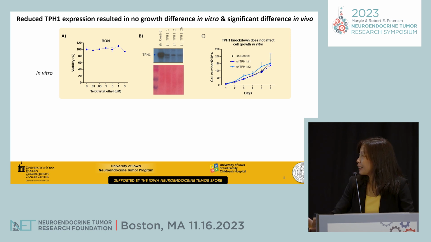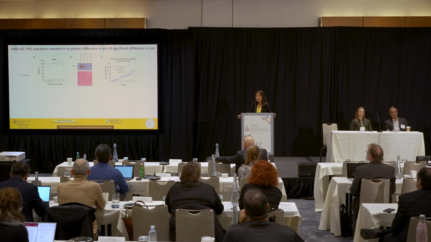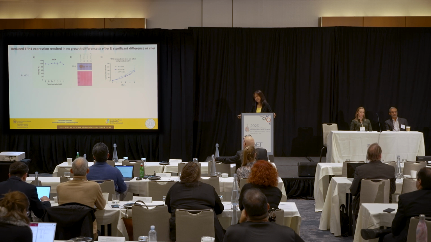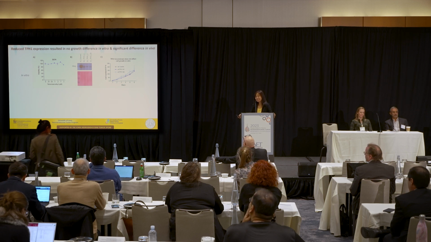We even spent months developing cell lines where we knocked down TPH1, and we got these stable clones, and then we looked at the proliferation rate, and there was nothing. So it was really sad. So we thought, okay, maybe we should give up, but let's just try one more experiment. Let's just put it in the mouse and see what happens.